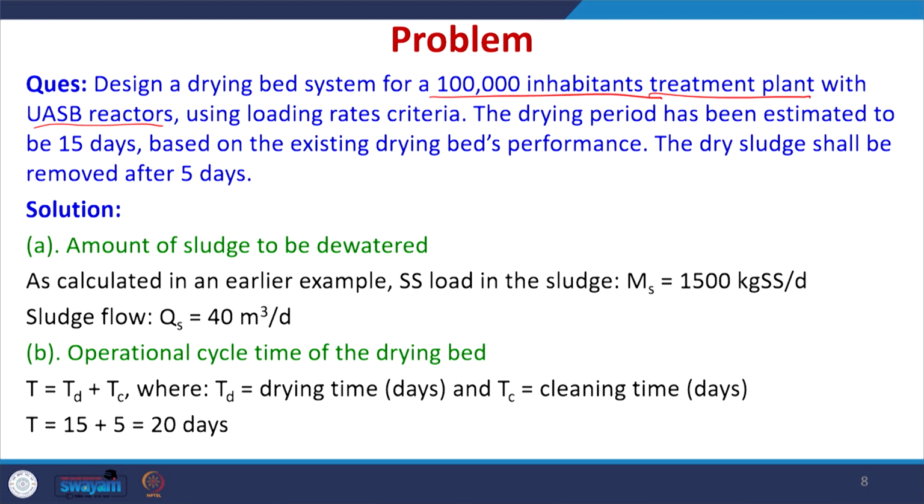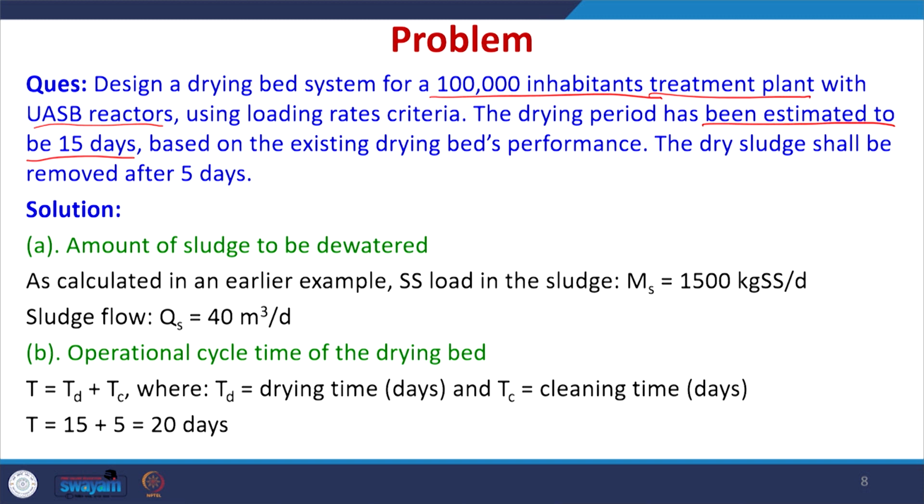The drying period has been estimated to be 15 days. So, this is the estimate that it will require 15 days to dry the sludge based upon the existing dry bed performance. So, already some data is available. So, based upon that the 15 days has been put as the criteria.